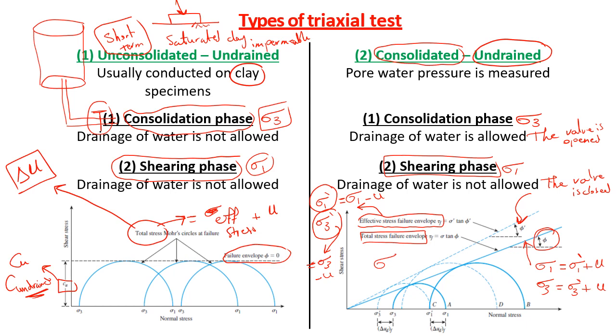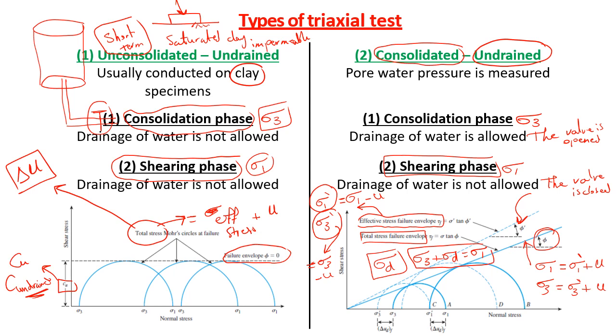The deviatoric stress is only one stress, sigma d. There is no sigma d in terms of effective or total. It's one value, which is sigma d, and it can be used between sigma 3 and sigma 1, as we have already known. Sigma 3 plus sigma d is equal to sigma 1.